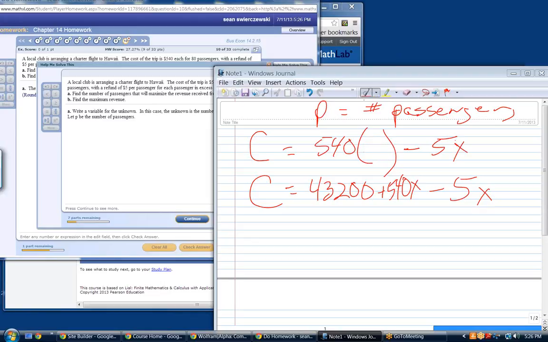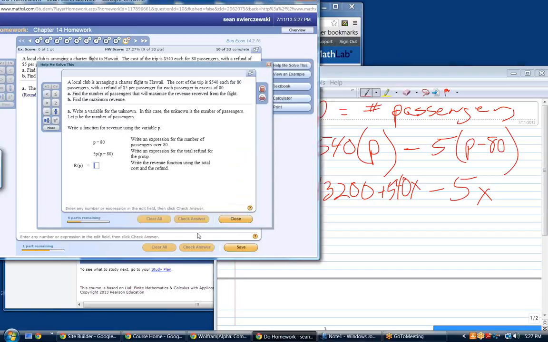It would be 540 times P minus 5 times P minus 80. You can keep hitting continue and it should show you. So P minus 80, so write an expression for the total refund. So you had it right, just it's 5p.